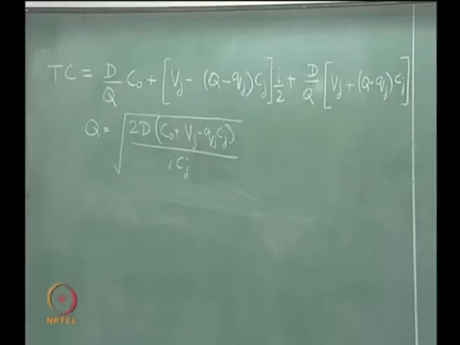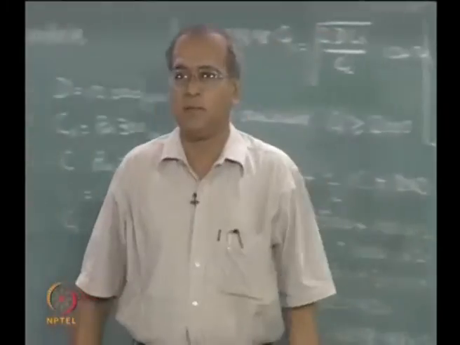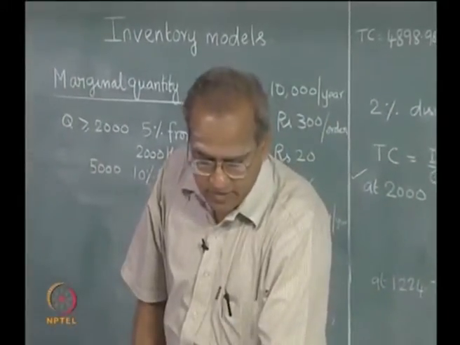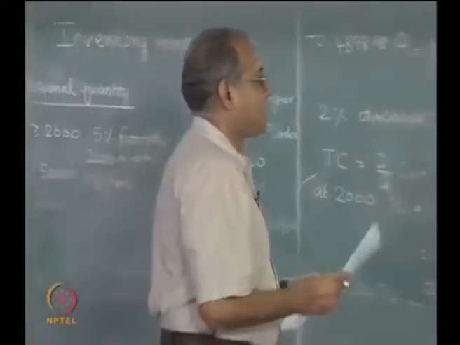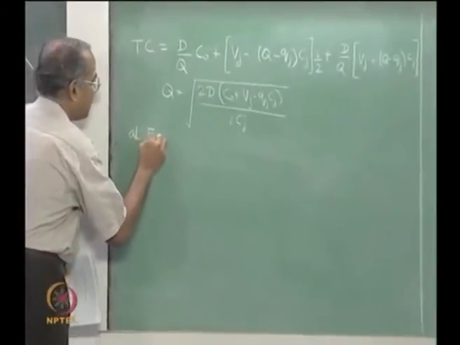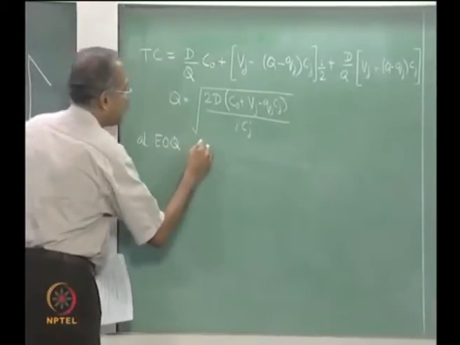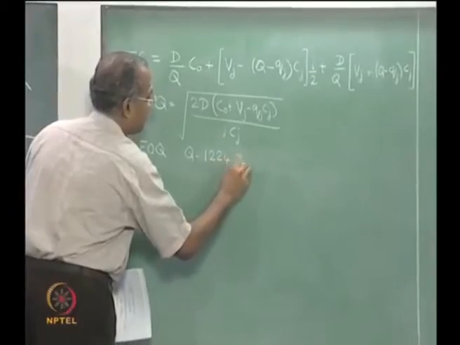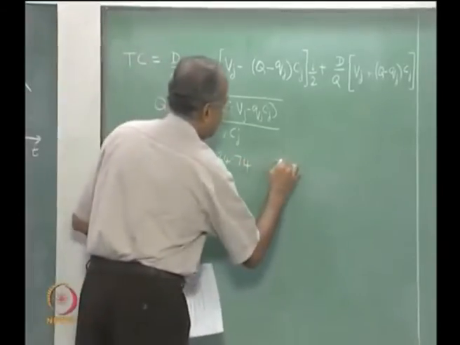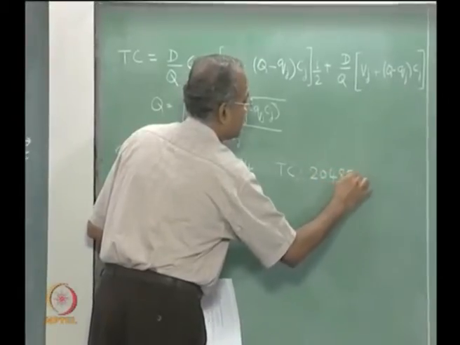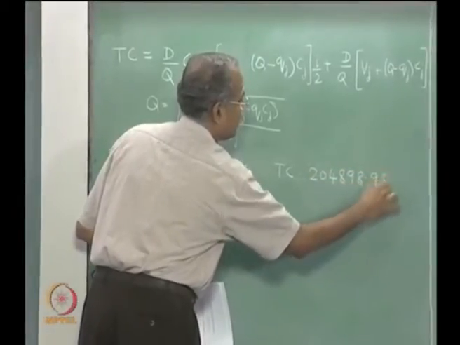Now, let us work out the same problem for the marginal discount. The first one is at the economic order quantity, EOQ. Q is equal to 1224.74 and TC will be 204898.98.